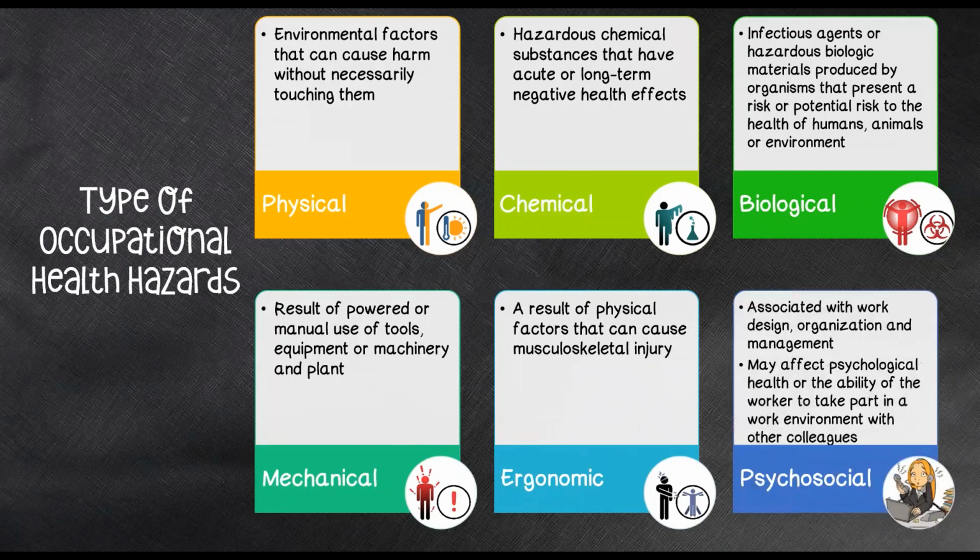Psychosocial hazards are associated with work design, organization, and management. Psychosocial hazards may also affect psychological health or the ability of the worker to take part in a work environment with other colleagues. Now, we are going to discuss all of these hazards one by one in the succeeding slides.